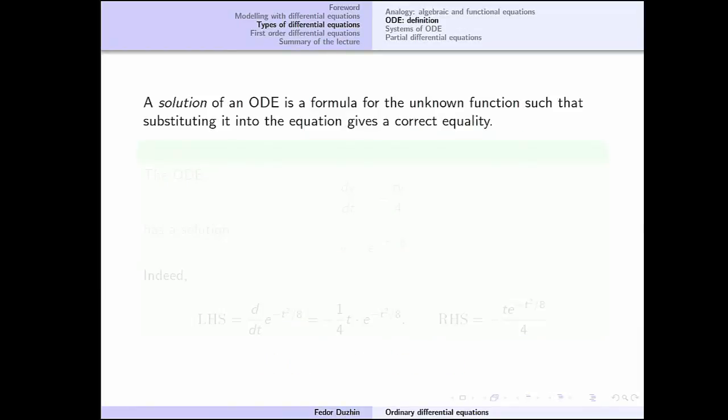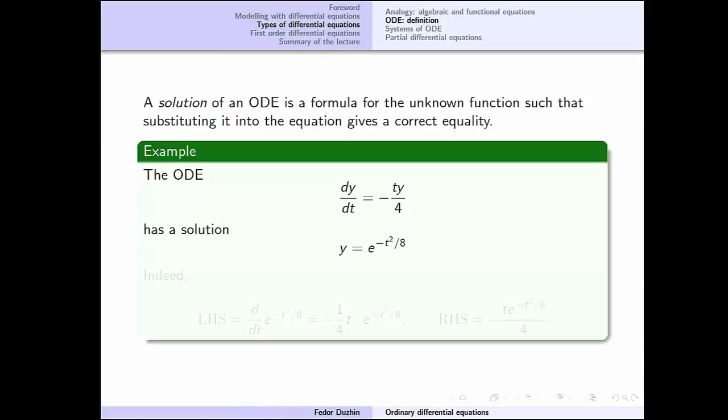Further, a solution of an ordinary differential equation is something that you substitute as the unknown function, and then you get a true, correct equality. Here is an example. The point is that it is very easy to verify that something is a solution of a given differential equation.